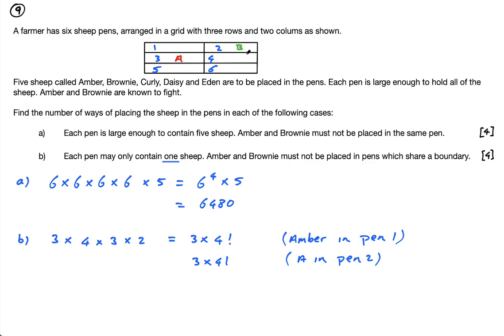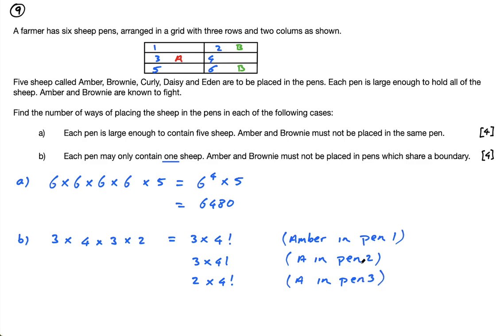Brownie can only go there or there. So Brownie can only go into 2 pens. So Brownie is now going into 2, and again the other remaining 3 sheep can go into 4 times 3 times 2. So this will be 2 times 4 factorial. This is Amber in pen 3.